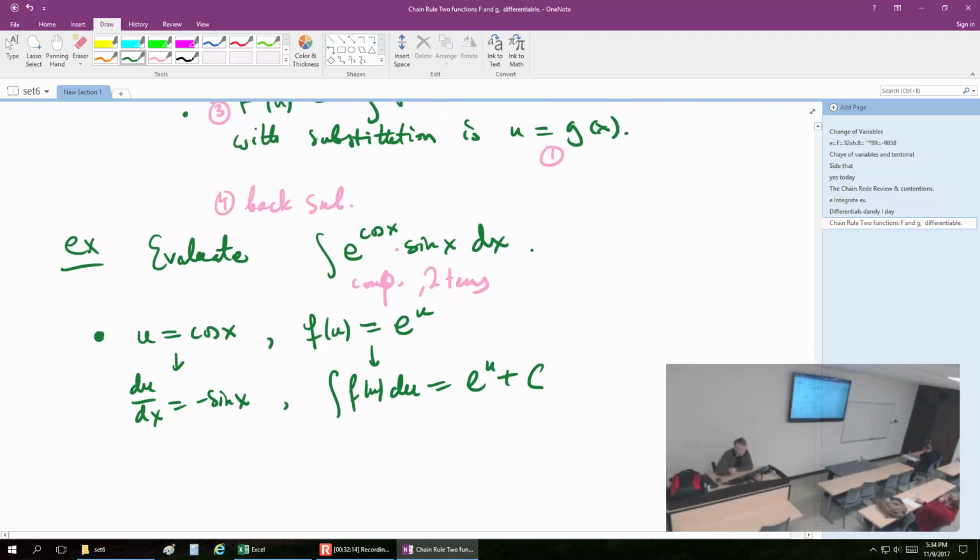Now let's carry out the substitution. That's step 2, step 3 is to do the substitution. So our integral is e to the cosine x, sine x, dx, and just plug things in. So I have the integral of e to the u, right? So cosine x. The sine x, I cannot do anything with it. I could, but certainly it would be a mistake to try to express sine x in terms of cosine x and finish that substitution.